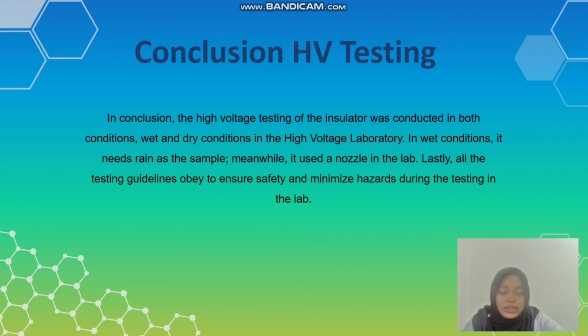Meanwhile, it uses a nozzle in the lab to spray water onto the insulator. In the dry condition, we do not have the sample to do the testing. Lastly, all the testing guidelines are to ensure safety and minimize hazards during the testing in the lab.